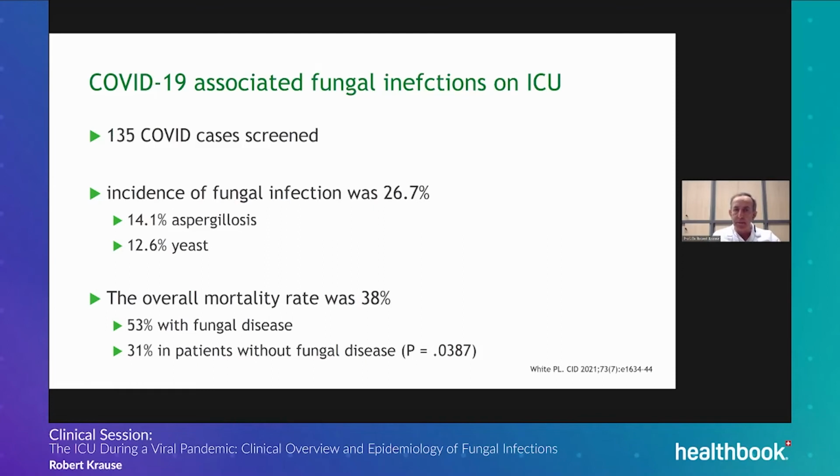In a publication in 2021 from the UK, we learned that the incidence of fungal infection was 26% of a cohort of 135 patients suffering from COVID-19, and there were 14% aspergillosis cases, but also 12% yeast infections, and the overall mortality was very, very high: 53% in patients with fungal disease and 31% in patients without fungal disease.